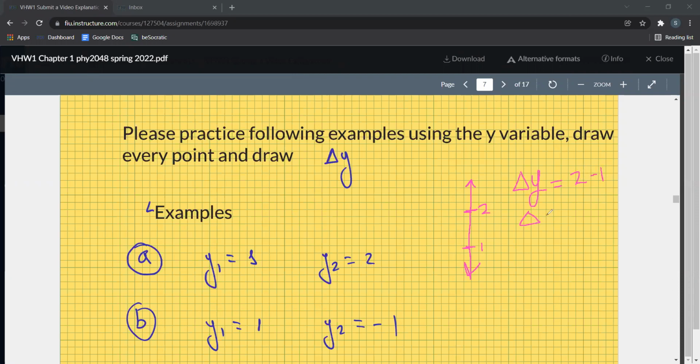Our change in y equals 1. Very simple. That example would look like this. A change in y, right? It's not too hard to understand.